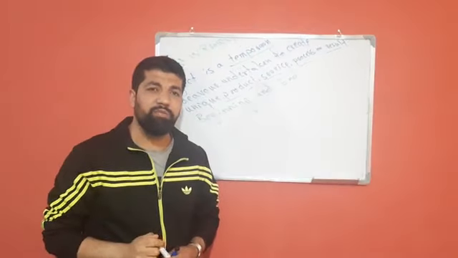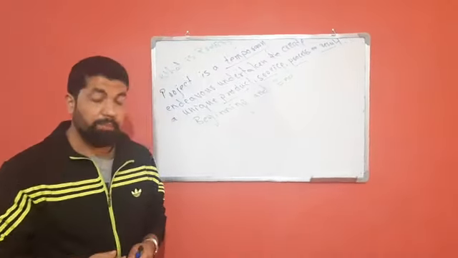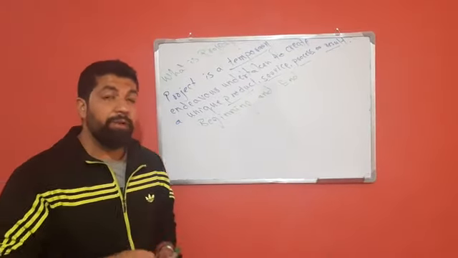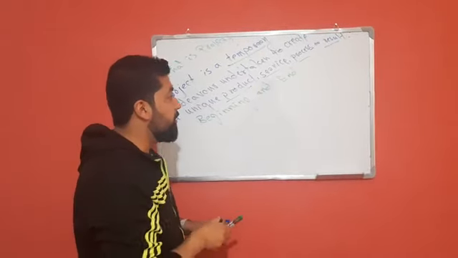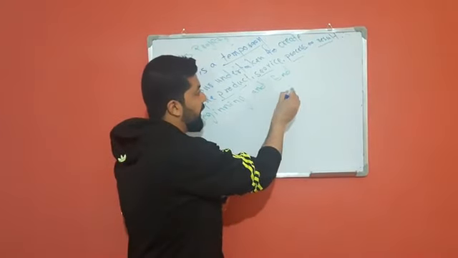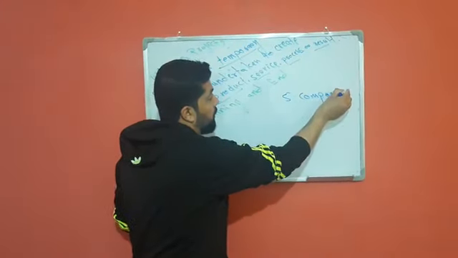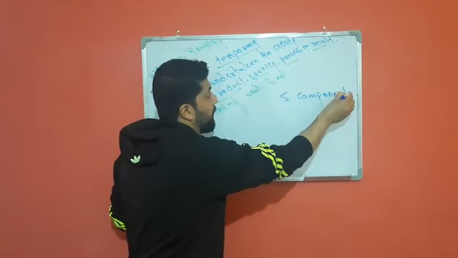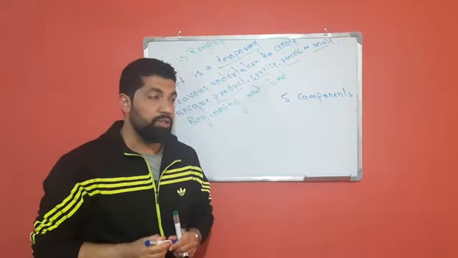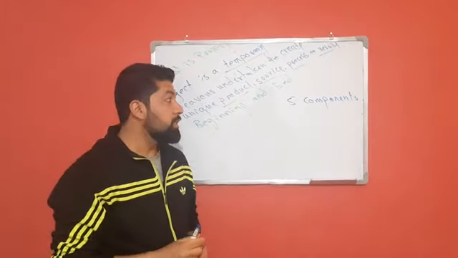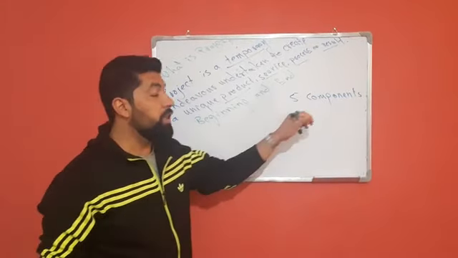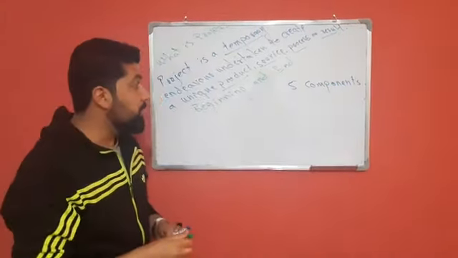The next thing that we need to know about project is the project components. Every project has 5 components. Those components are the most important components of the project, and a project cannot be started and completed without these 5 components. What is the first component?